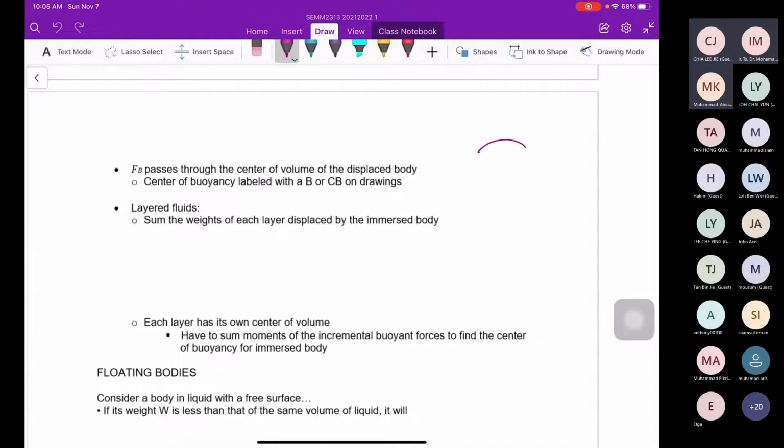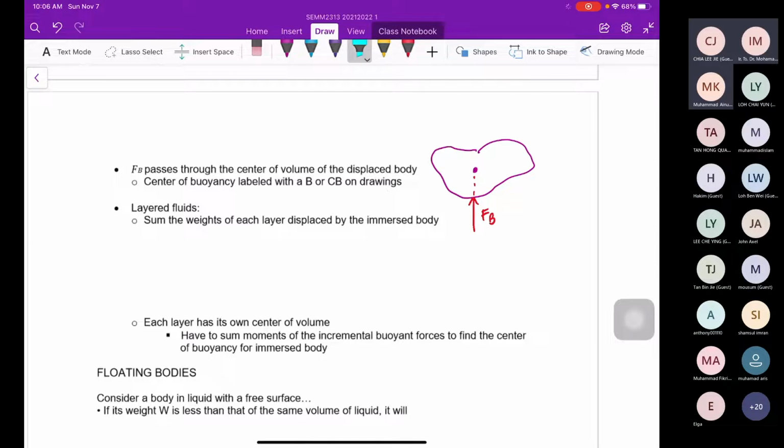For example, this is the body and this is the center of gravity or centroid. The buoyancy force must act at the centroid. This is FB. So, when the body is submerged in different fluid layers, the buoyancy is the weight of each fluid layer displaced by the immersed body.